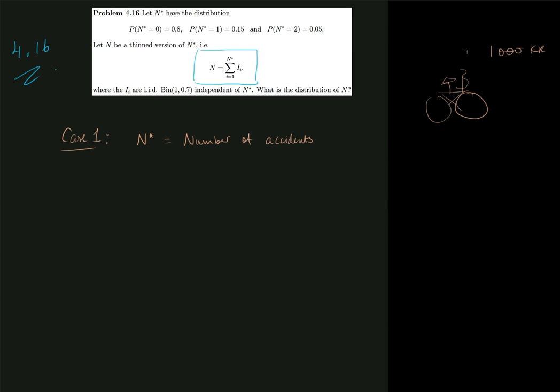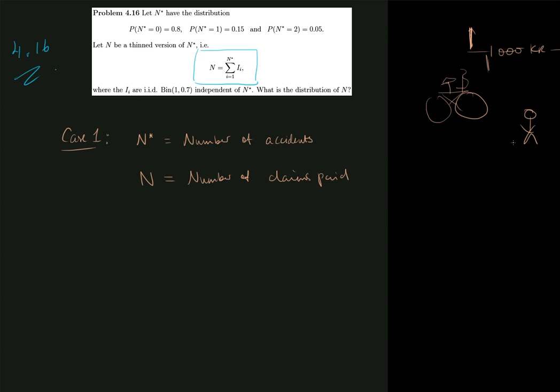So that means if the damage is above 1,000 kroners, then the insurance company pays for the excess. If it's below 1,000 kroners, then you pay yourself. So let N star be the number of accidents that this guy who buys a bike insurance encounters. And let N be the number of claims paid by the insurance company.